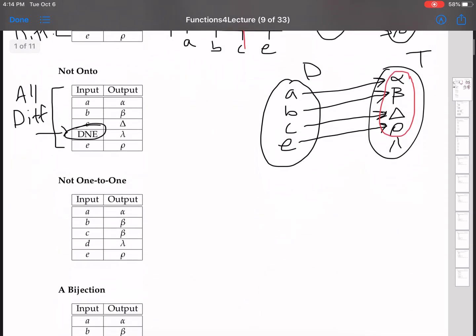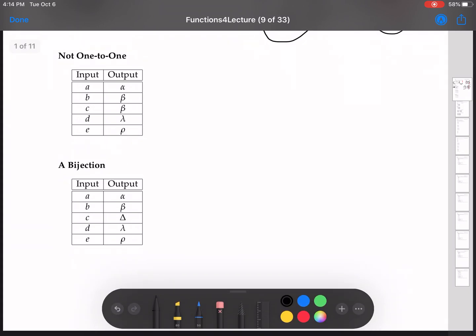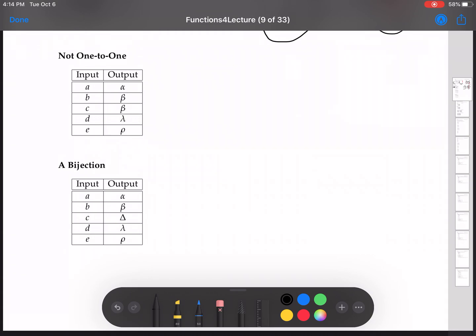All right, let's move on to one-to-one. This is not one-to-one. Let me draw that situation.